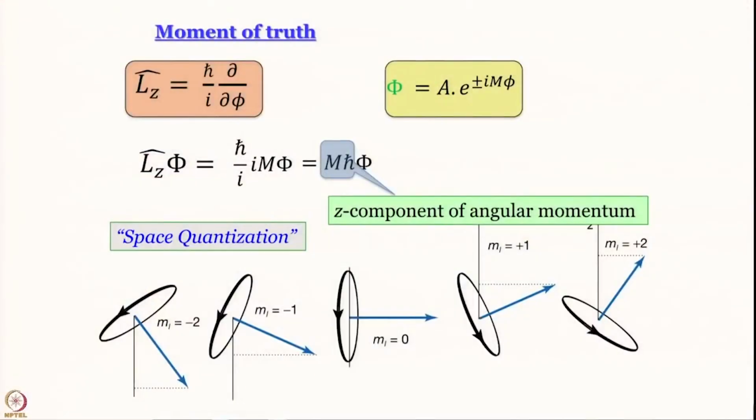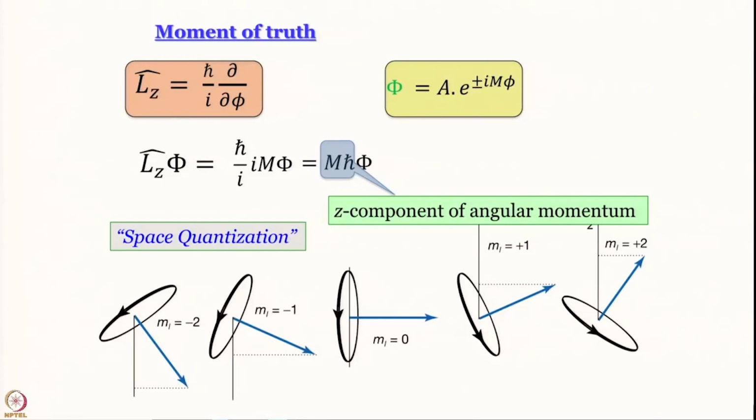Half h cross is going to be the eigenvalue, that will be the z component. From there you can work out what the angle will be. So, only certain angles are allowed, and it takes us back to the familiar concept of space quantization that had arisen during the Bohr-Sommerfeld theory of the hydrogen atom.